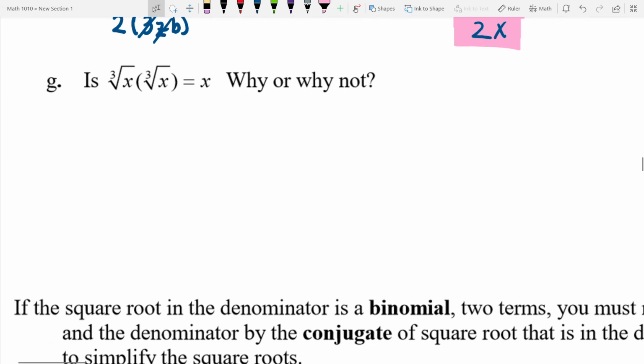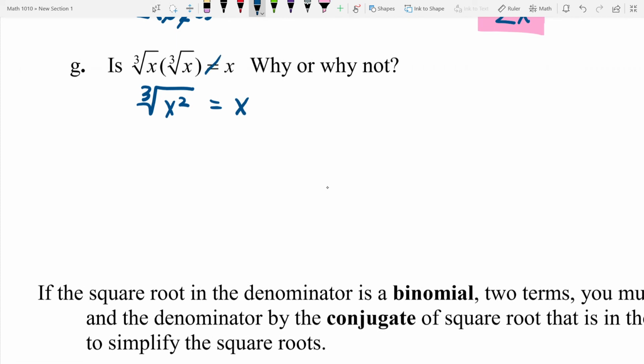This is easy. Is the cube root of x times the cube root of x equal to x? That's going to be the cube root of what? What do I put inside right here, guys? X squared. Is the cube root of x squared equal to x? No, those are not equal to x. Okay, why not?